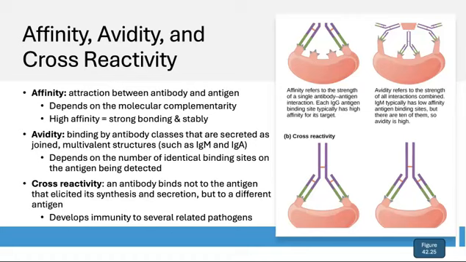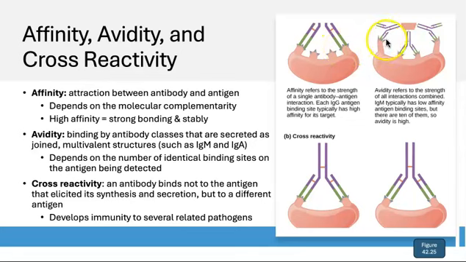When we say affinity, we are talking about the attraction between the antibody and the antigen. This is going to depend on the molecular complementarity of these two structures. And if we have a high affinity, that means we have stronger bonding and stability here.